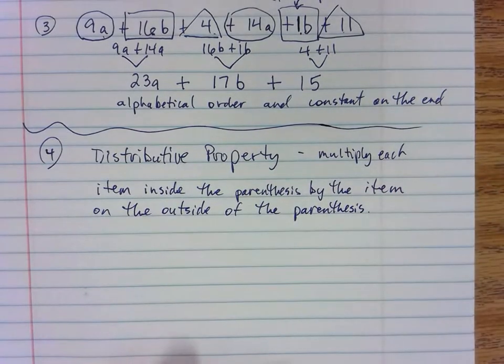So if you have a second to write all that down, you're going to multiply each item inside the parentheses by the item on the outside of the parentheses. So they kind of look a little something like this.